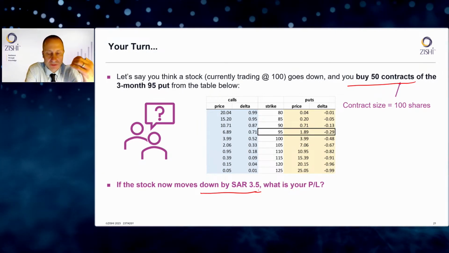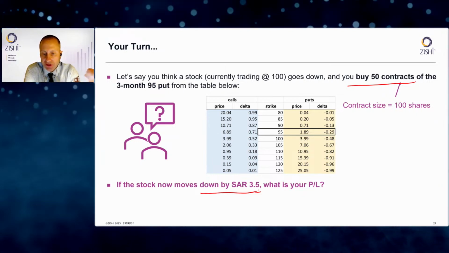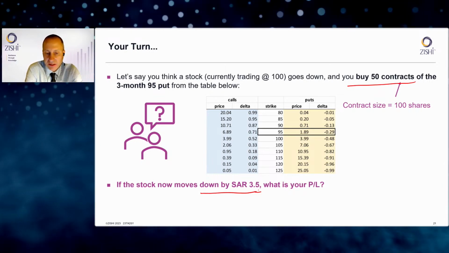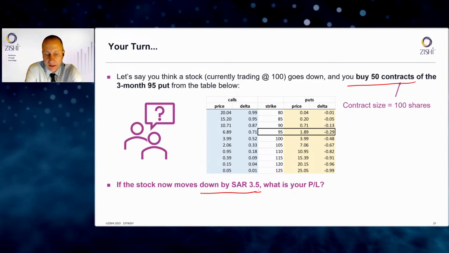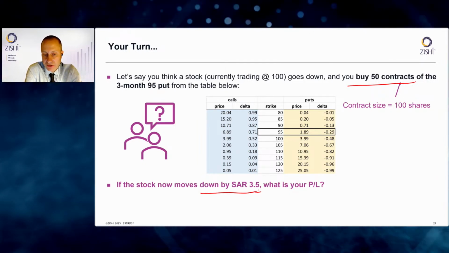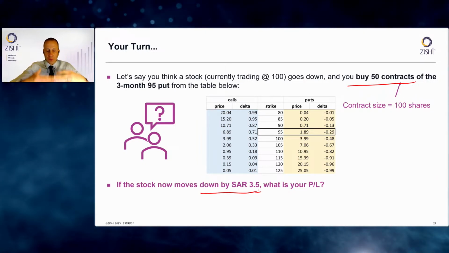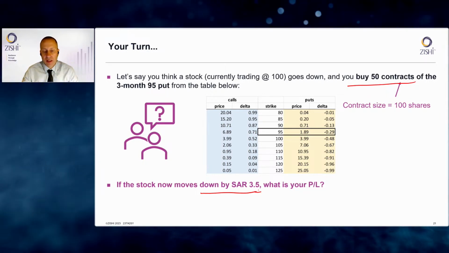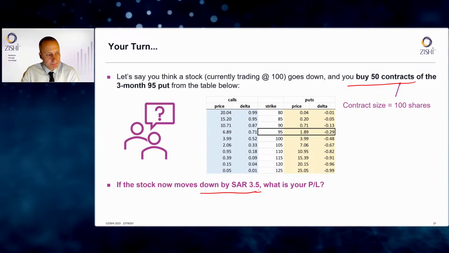Each contract, if you remember, is 100 shares. So you're going to have a position which is equal to 5,000 shares, the right to sell 5,000 shares at a price of 95, because that's your strike. As the stock moves down by 3.5 rial, what's your overall cash P&L in rial?